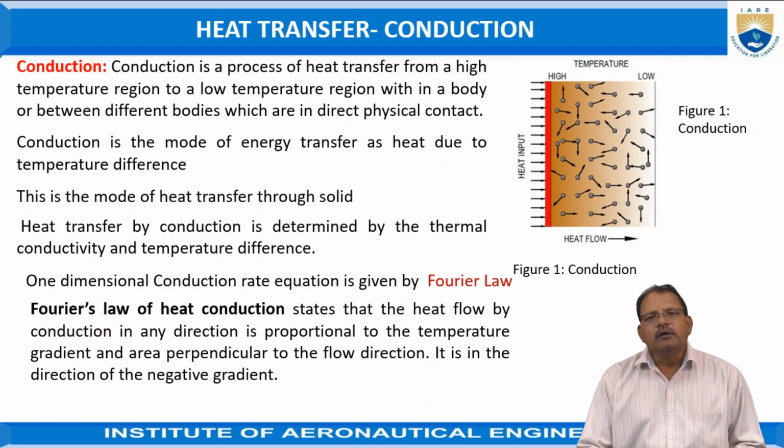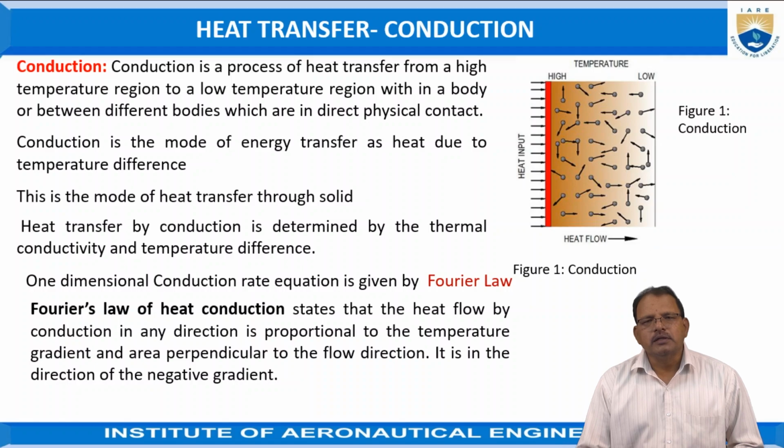The amount of heat energy that flows between two solid bodies in contact, or in the same body from one region to another, can be determined by using Fourier's law. Fourier's law of conduction states that the heat flow by conduction in any direction is proportional to the temperature gradient and the area perpendicular to the flow direction.